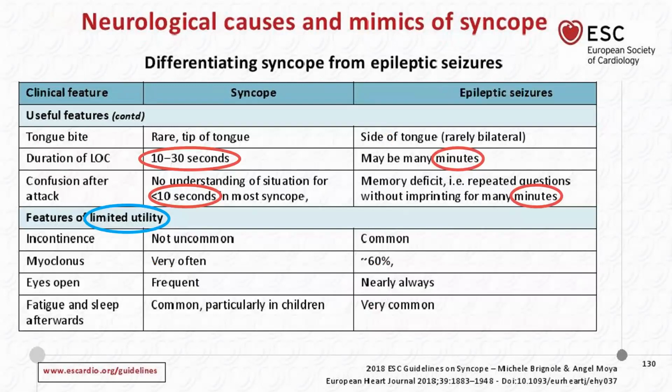Duration of loss of consciousness and confusion after the attack is much shorter, only seconds in most syncope, while in case of seizure, they last minutes. Presence of myoclonus and incontinence by themselves are features with limited utility.